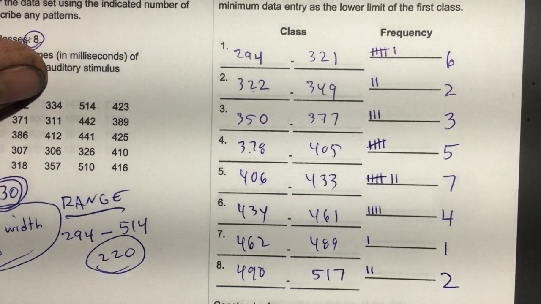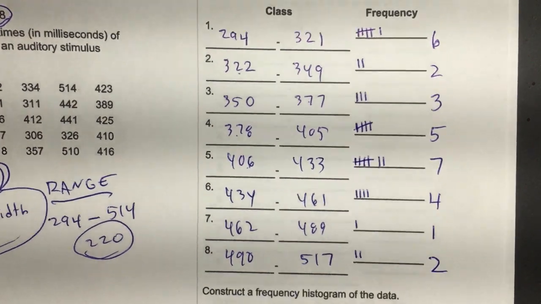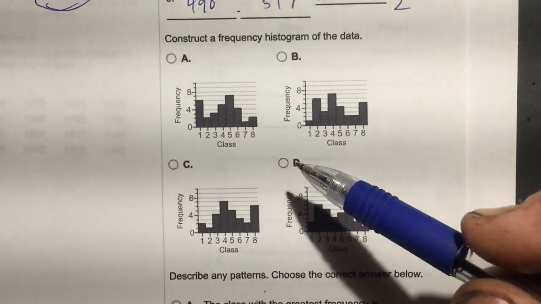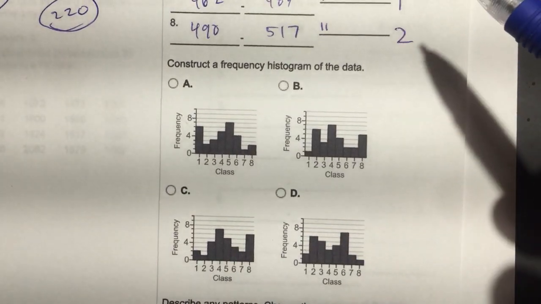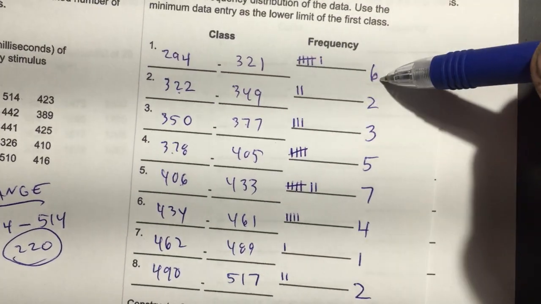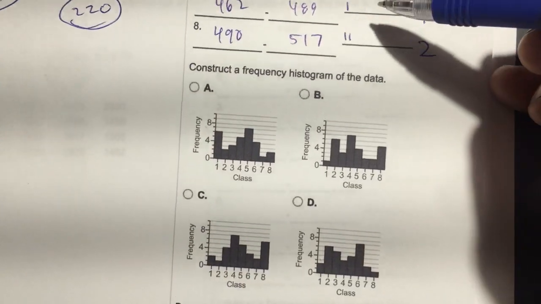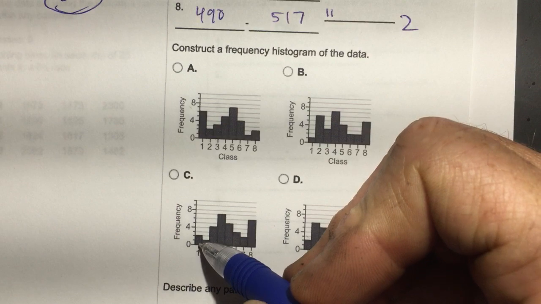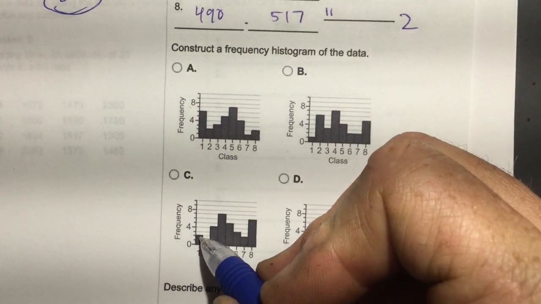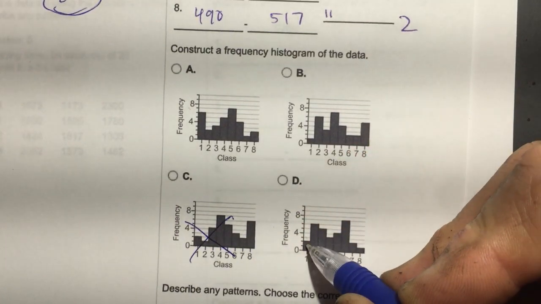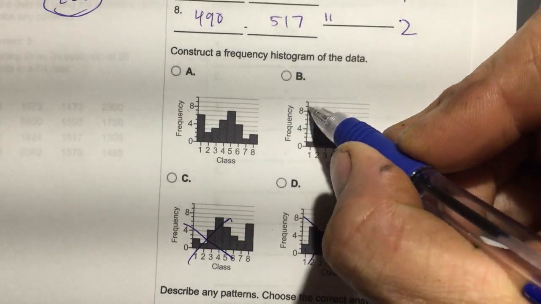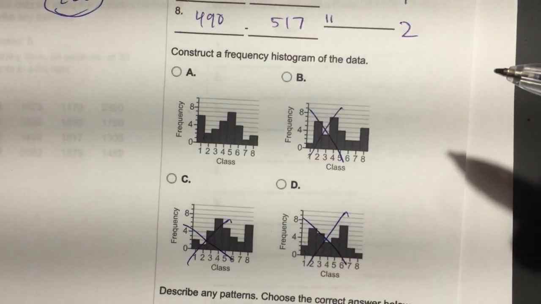Now it's asking for the frequency histogram. All right, here's my histograms here to look at. If you remember, the first class should go up to 6. So let's look at this first bar in the first class. This one doesn't go up to 6, that ain't right. It's got to be that one.